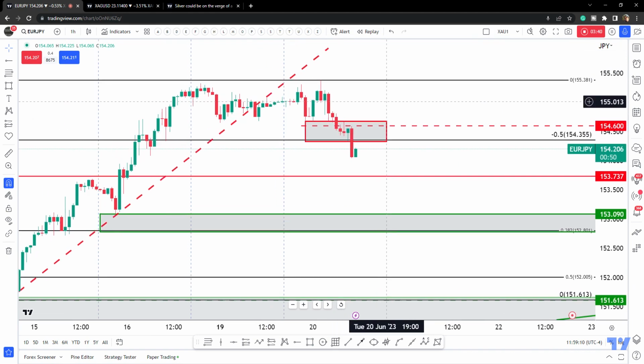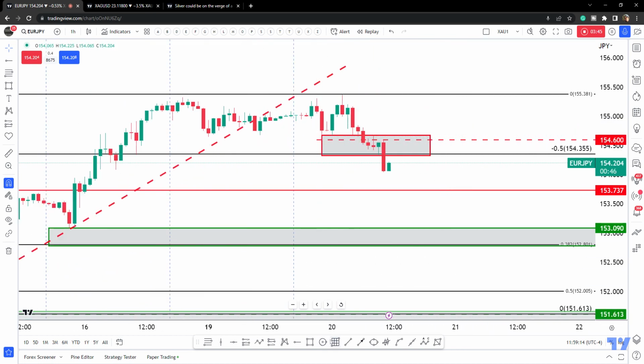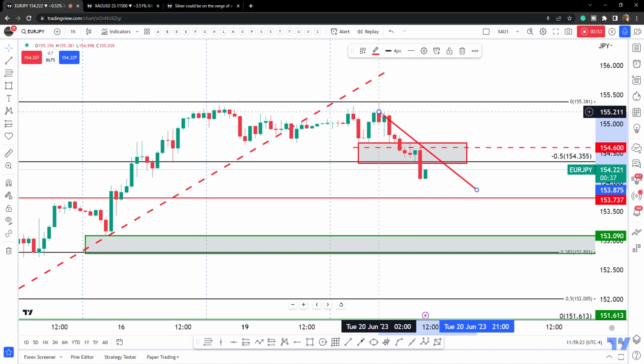We may get a move up in to retest that resistance zone. And in that case, we can draw our bearish trend line and expect it to be respected.